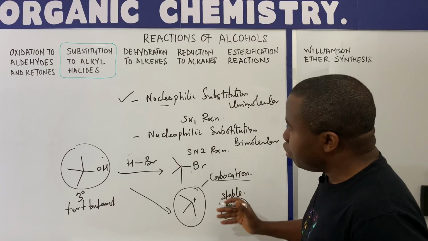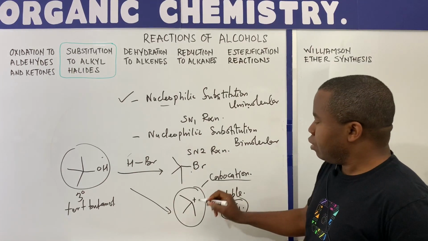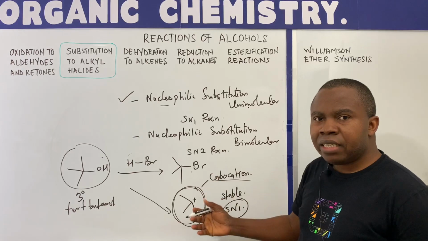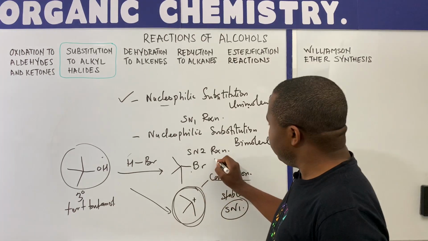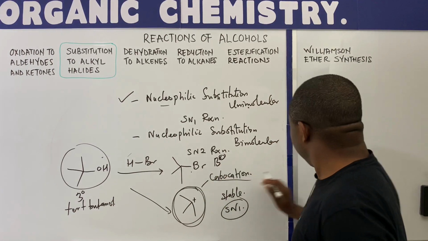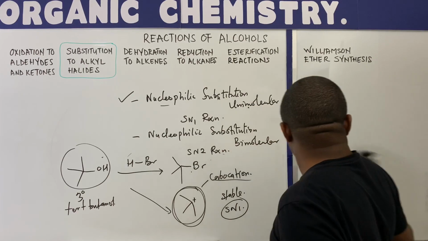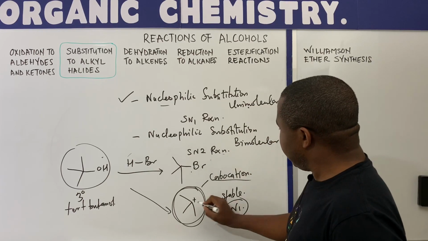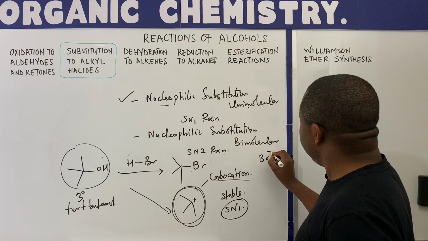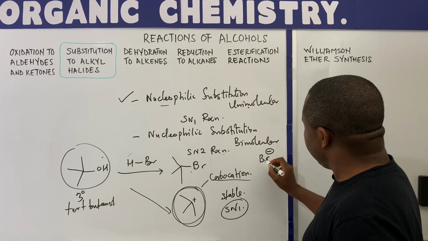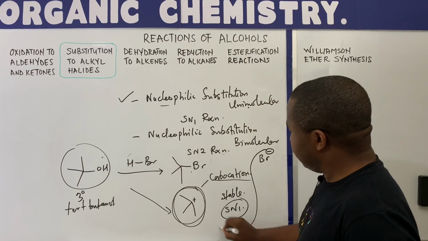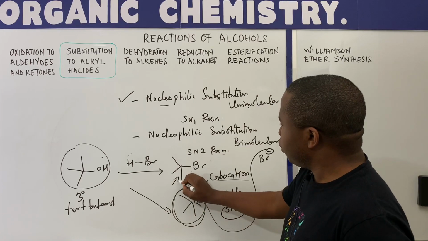So it's an SN1 reaction because this carbocation is first generated. So basically we have something like this. We have this generated, and then we have Br minus, which is the bromide ion, attack this to form this product.